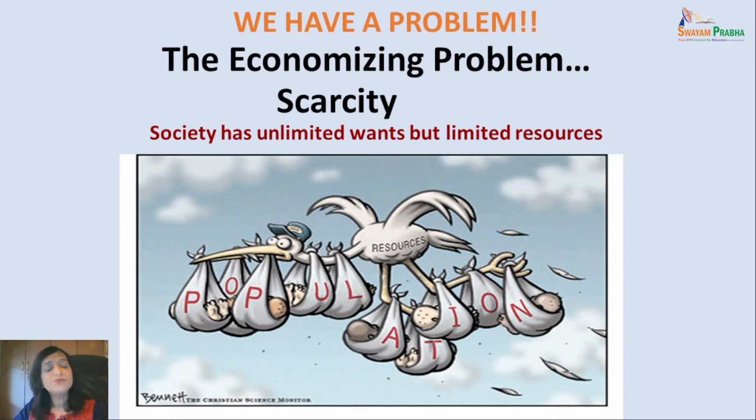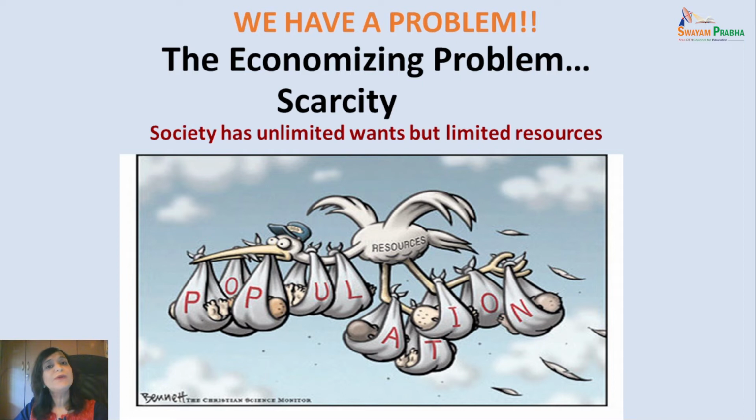Now, the problem which we have just seen with the examples of growing corn or tomato, watching his son's football match, or fixing a neighbor's computer and earning money, babysitting, or going out with friends roller skating, those are examples which we have taken at a very micro level, at an individual level.